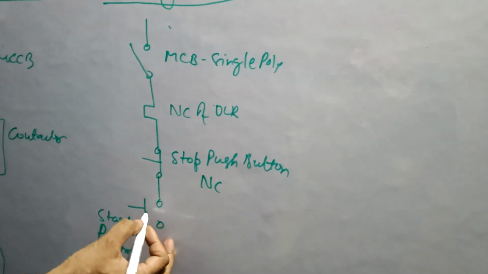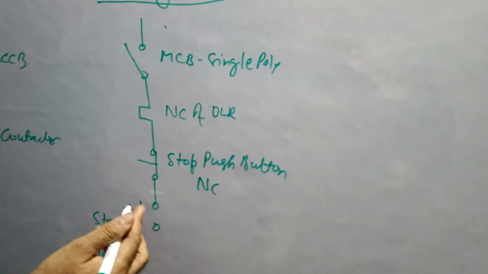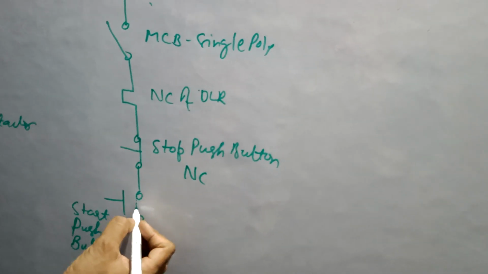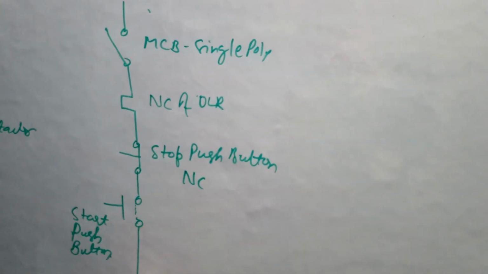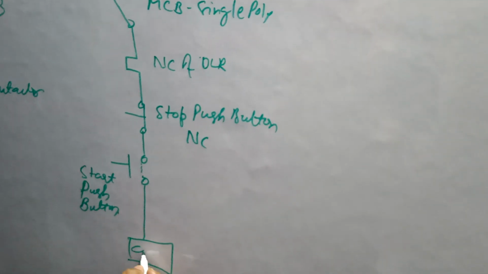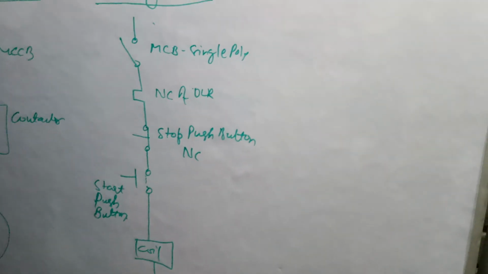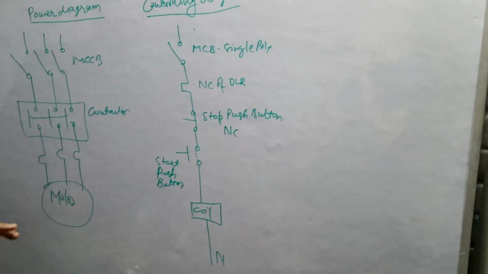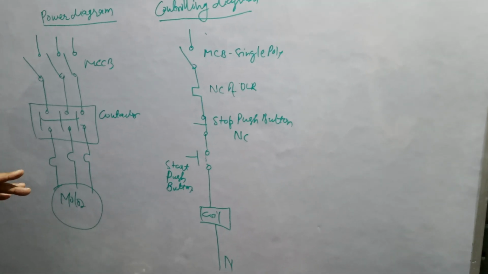It is normally in open position. When we push it, it will connect the circuit. Then we will connect the coil and give neutral from the bottom. So this is the controlling diagram of a DOL starter.